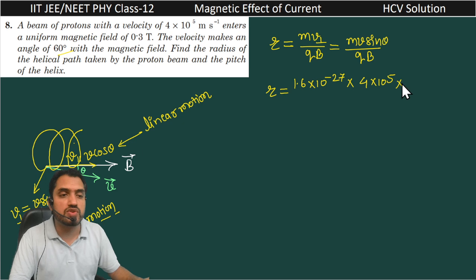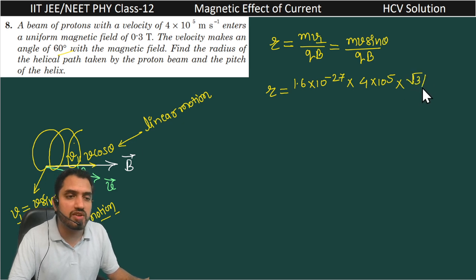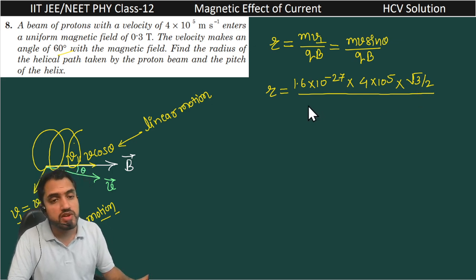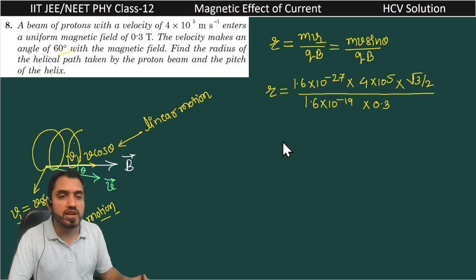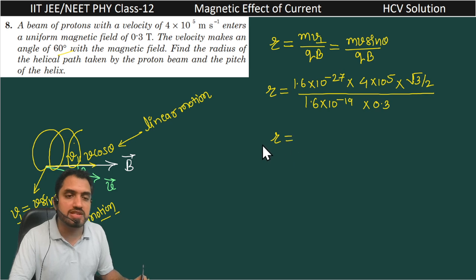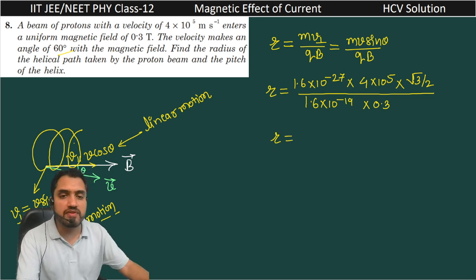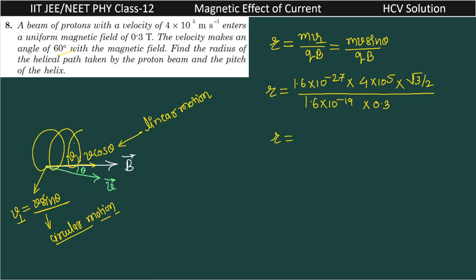So here theta is equal to 60 degrees, and sin 60 is root 3 by 2, divided by q. It is a proton, so q is 1.6 × 10^-19, and B is 0.3 Tesla. Solving this, the radius is 0.012 meter, or 1.2 centimeter.